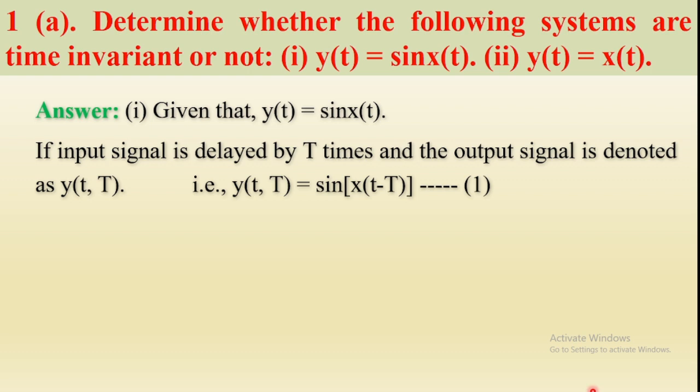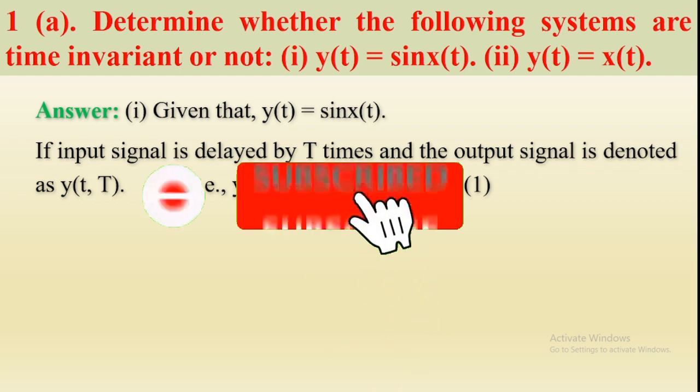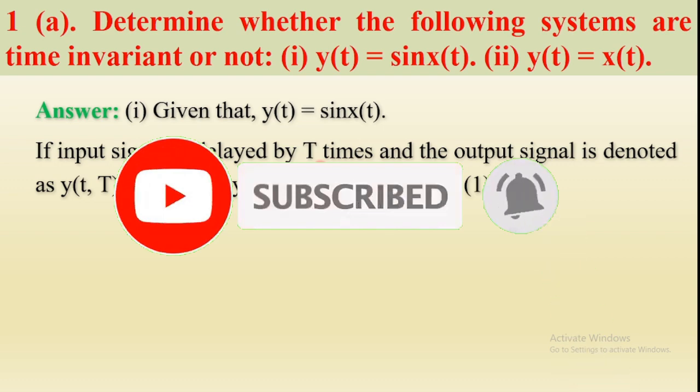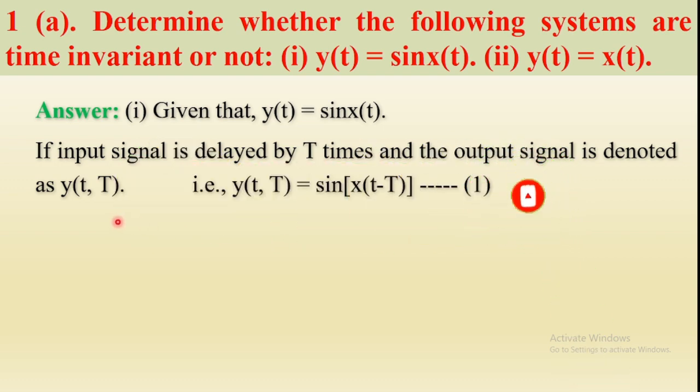Step one: if the input signal is delayed by capital T, the resultant output signal is represented by y of t comma capital T. This is the given system: y of t is the output of the system and sin of x of t is the input. So y of t comma capital T is equal to sin of x of t minus capital T. This is considered as equation 1.